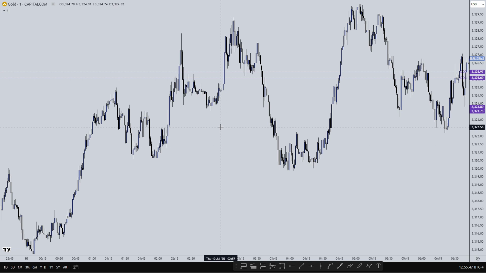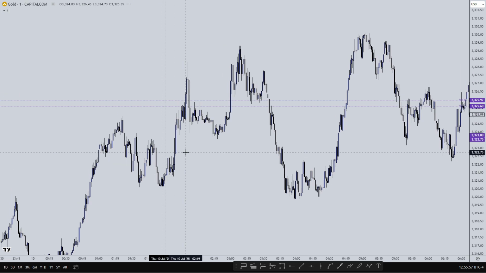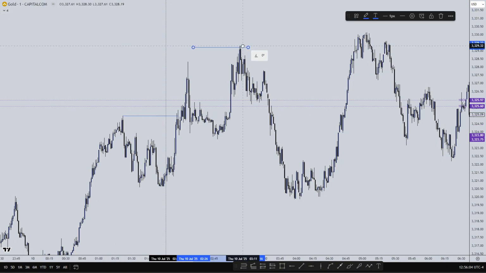So in the London session, on this day, we saw how the prices were trading to the higher prices. We took this buy side and this buy side.